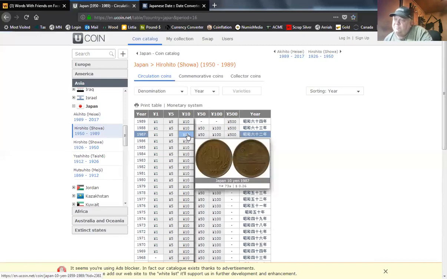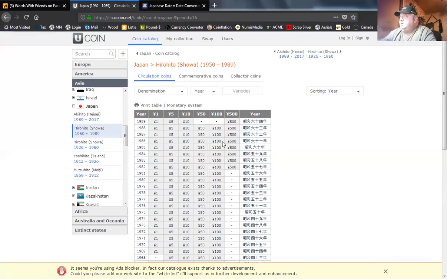Most of them are very common coins that you can get any day of the week, and they're not worth anything more than 20 cents, 5 cents in some cases. A lot of it has to do with supply and demand, how many were minted.